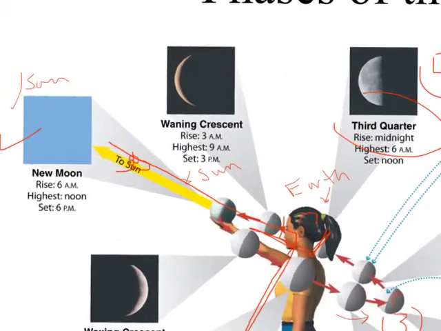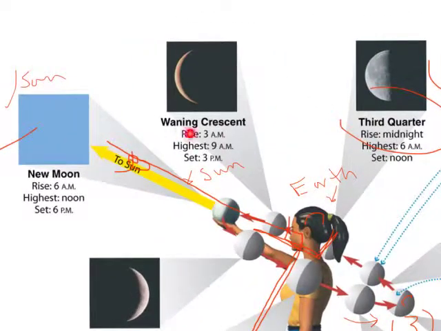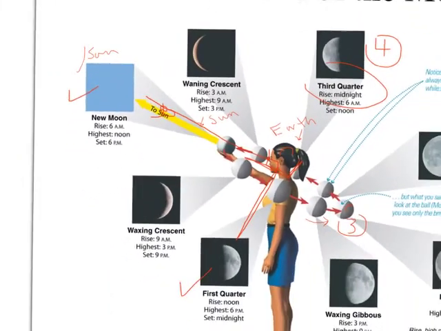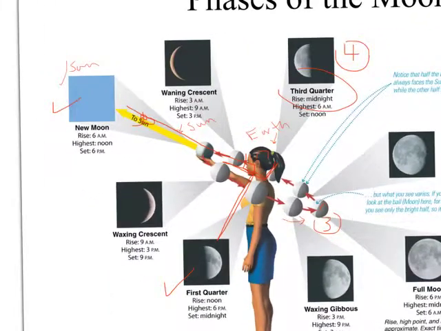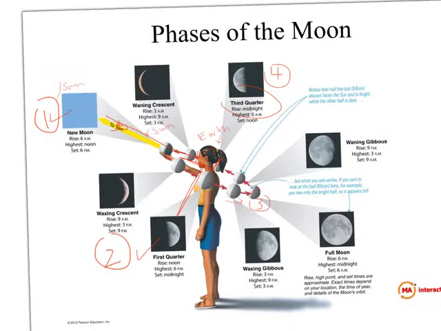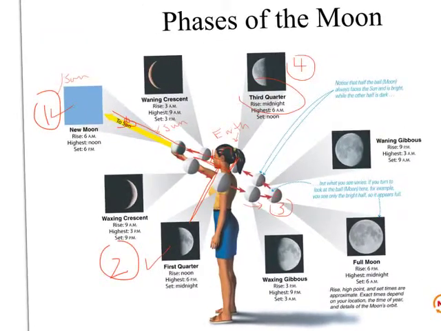Since it's getting smaller, it's waning, and since it's smaller than a quarter, crescent. So a waning crescent right there. I think they did a good job. So again, I would call this the first position, second major position, third major position was the full moon, and the fourth major position would be the third or last quarter.